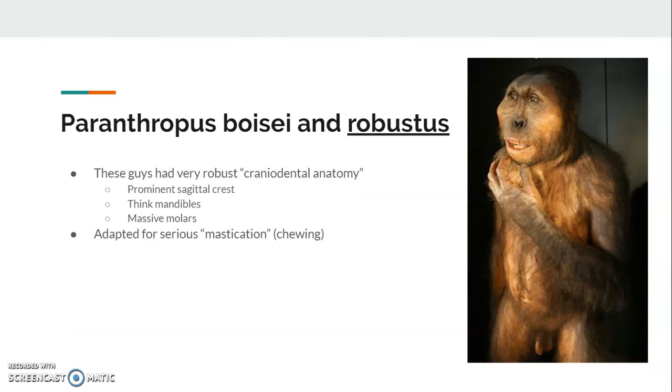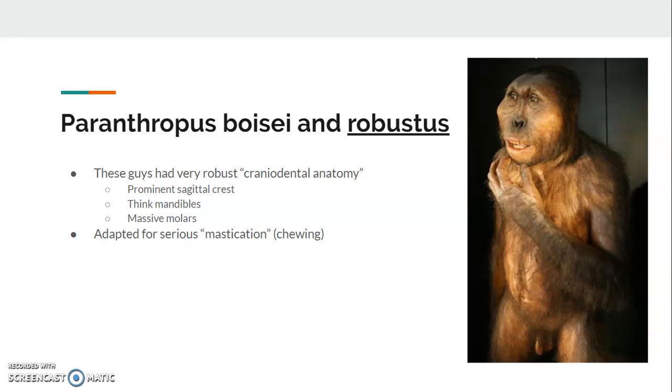So this is the Paranthropus genus. As you can see, he's got a very robust skeleton and skull. And when these 2 genus were considered one, Paranthropus was the robust version of Lucy, basically. So you can see prominent sagittal crest, thick mandibles, and they had massive molars.